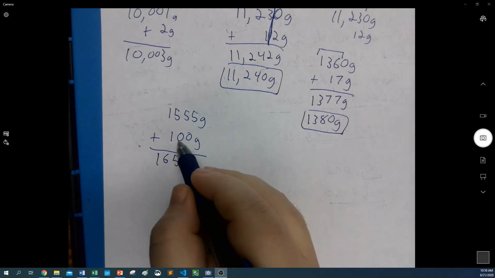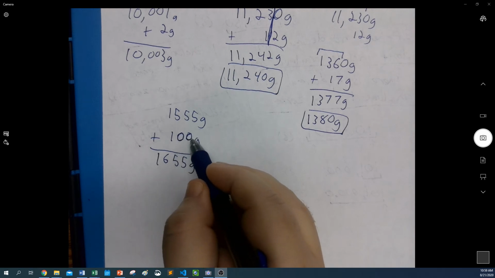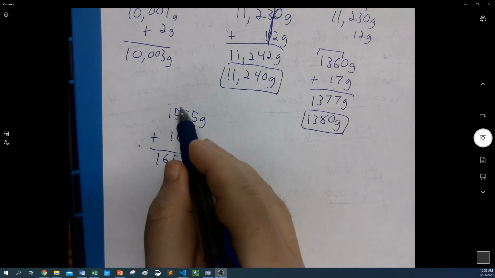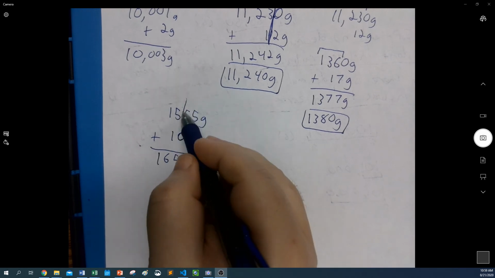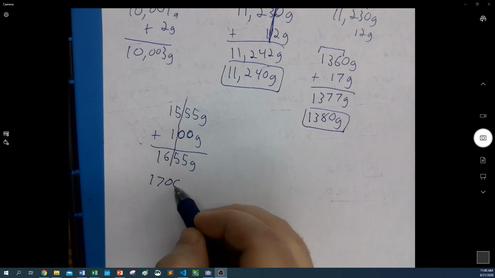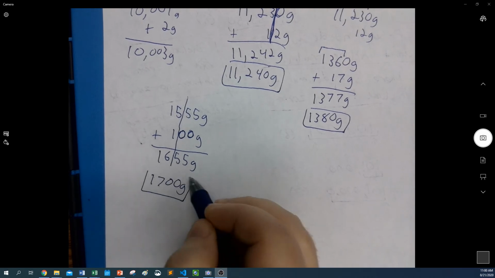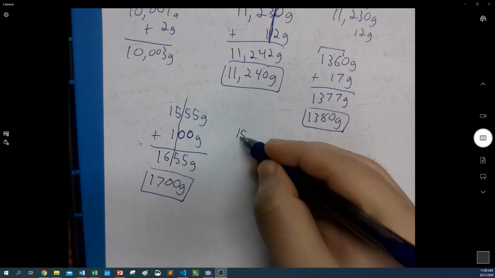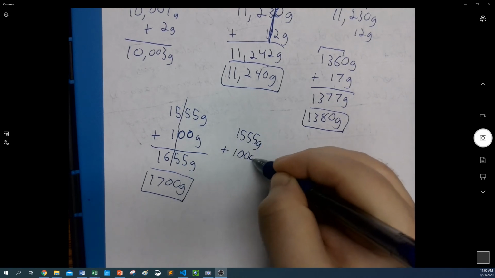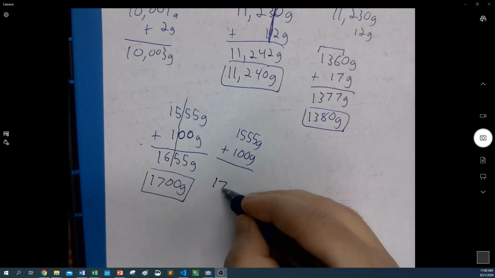But look, these are non-significant zeros. They're trailing zeros. So it's only accurate to this spot. So I'd round this to 1,700 grams. So 1,555 grams plus 100 grams. I would need to round it to this number of significant digits.